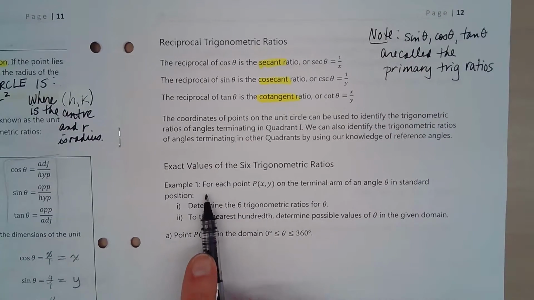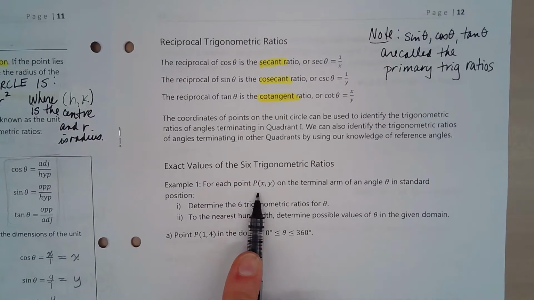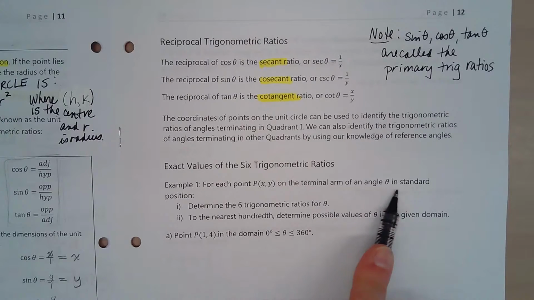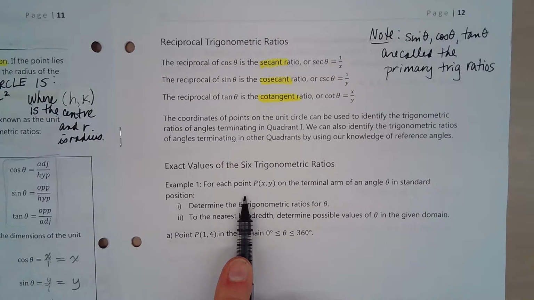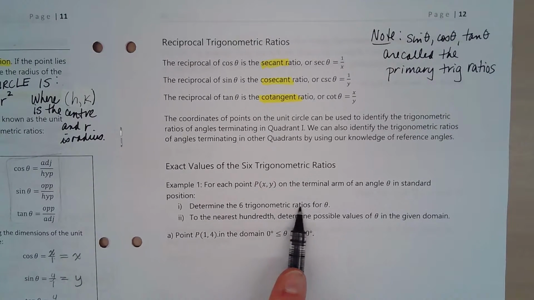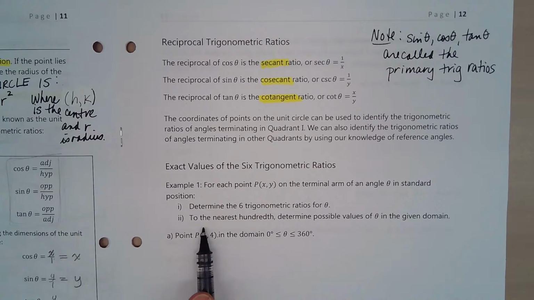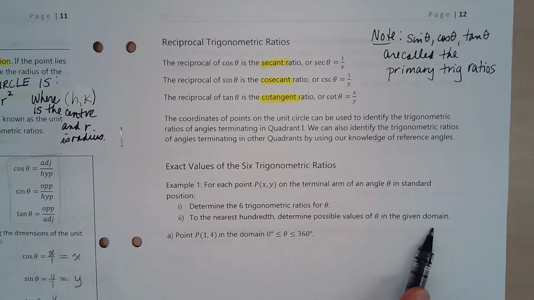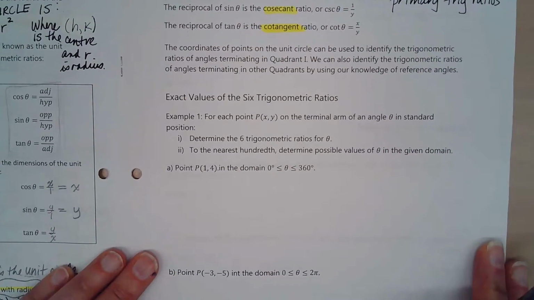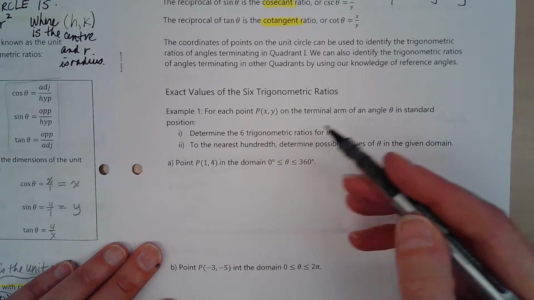So let's see this. For each point x, y on the terminal arm of angle theta in standard position, so we know it's one of our special points, determine the 6 trig ratios for theta. To the nearest hundredth, determine possible values for theta. Okay, so they gave us the point 1, 4.